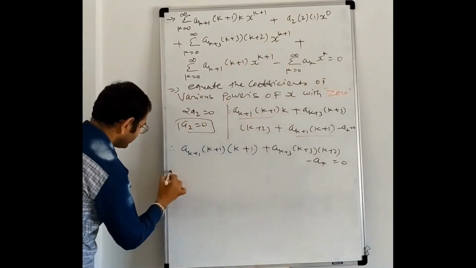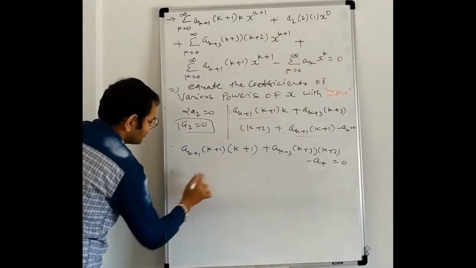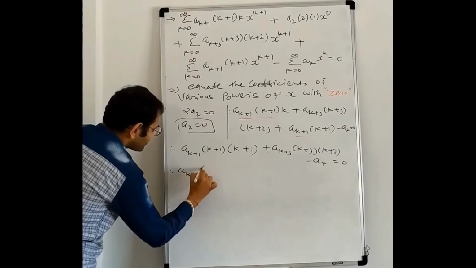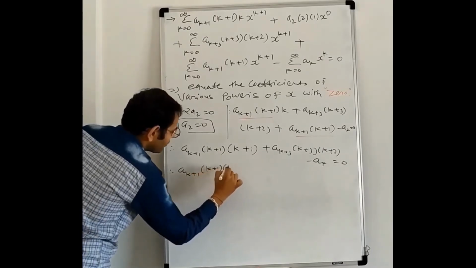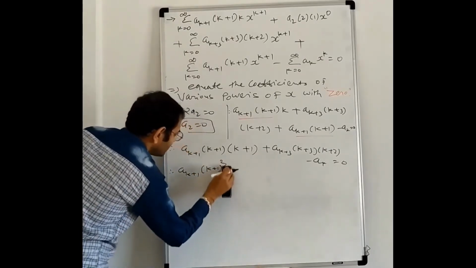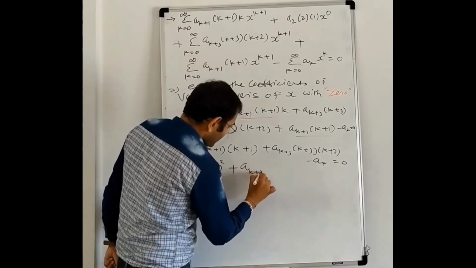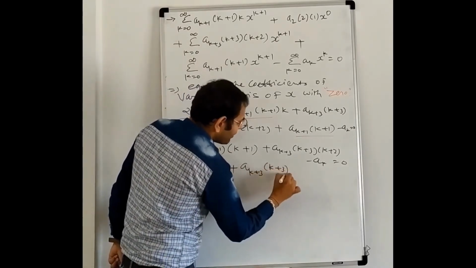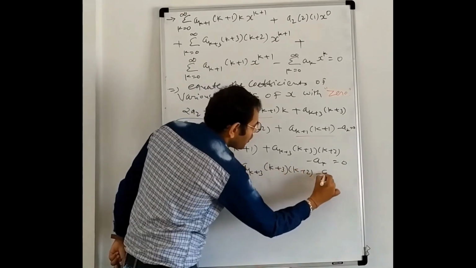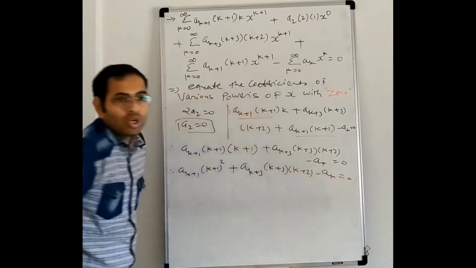Now multiply this term: a_(k+1)(k plus 1) whole square plus a_(k+3)(k plus 3)(k plus 2) minus a_k equal to 0.